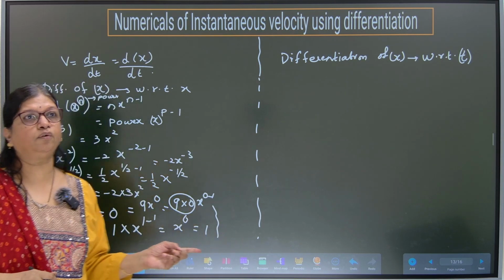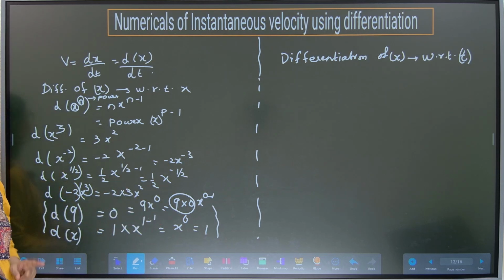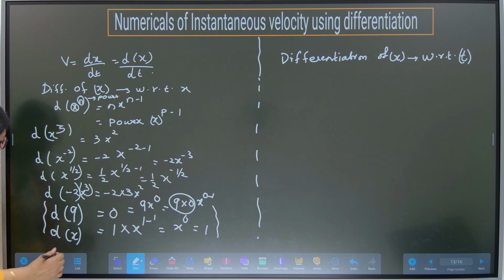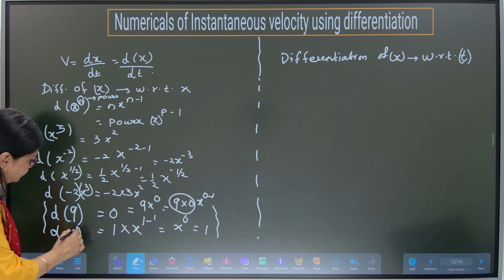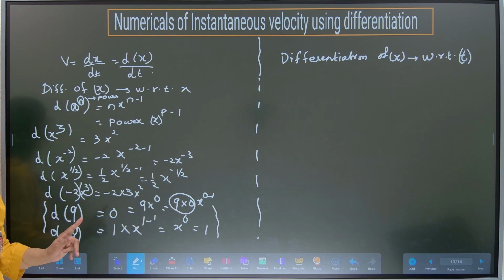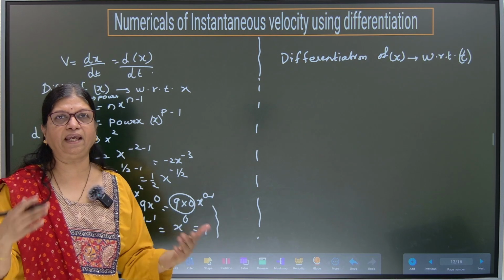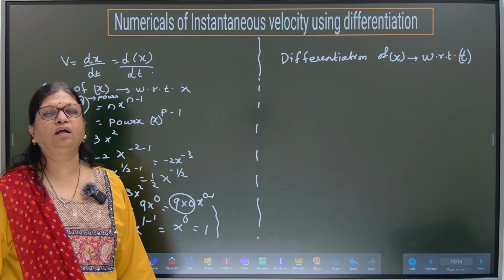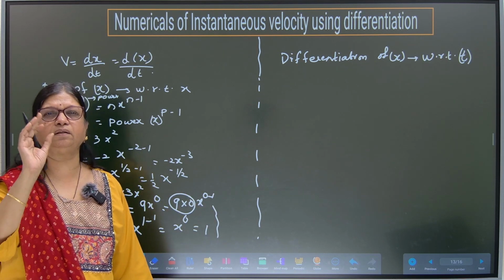Therefore, differentiation of a constant is 0. I showed you just now. Differentiation of simply the variable x means power is 1, 1 minus 1, 0. So x raised to 0, any variable raised to 0 is 1.